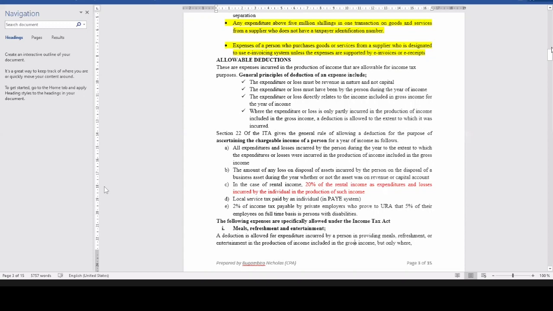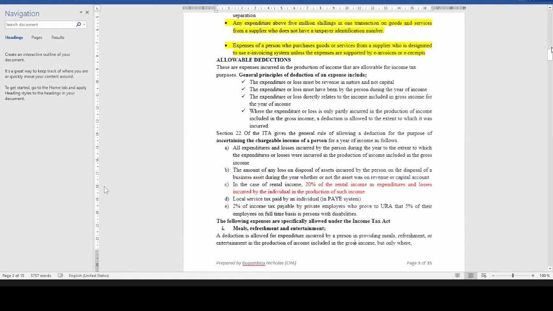Then, assuming our income tax payable is 1 million, which is what we are supposed to pay to URA, if we can prove it, we compute 2% of that as the allowable deduction. 2% of your 1 million is 20,000. So 20,000, you go back and subtract it as an allowable deduction.